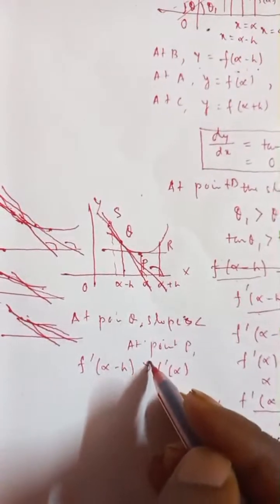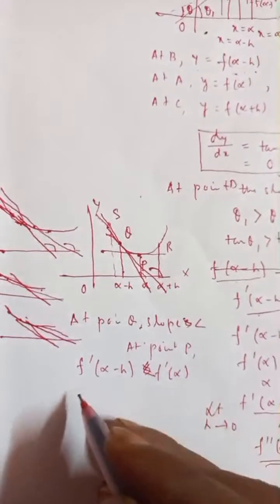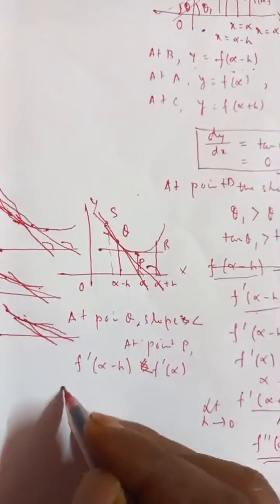So this will be less than 0. So you can write this down.